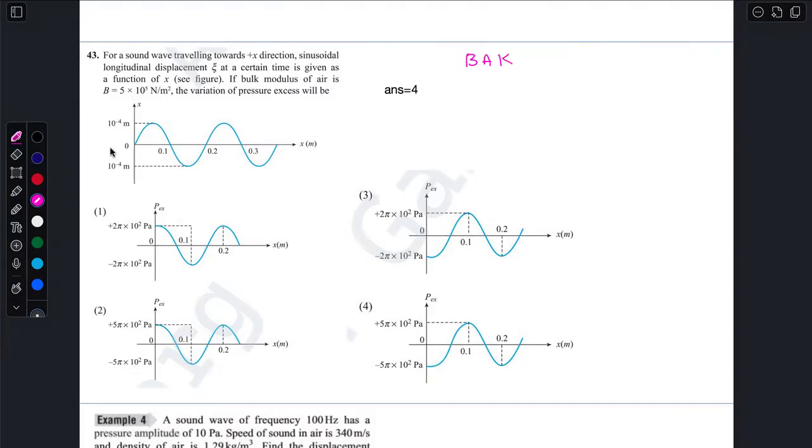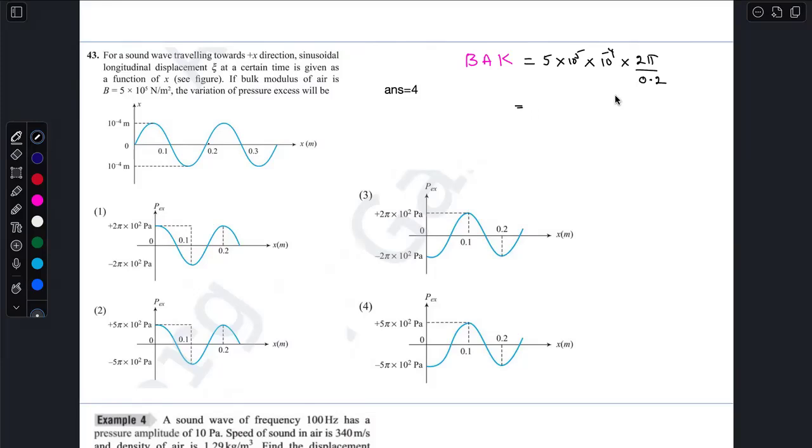BAK, here it is nothing but 5 into 10 to the power of 5 times displacement 10 power minus 4 times 2 pi by lambda, you can see lambda is 0.2.